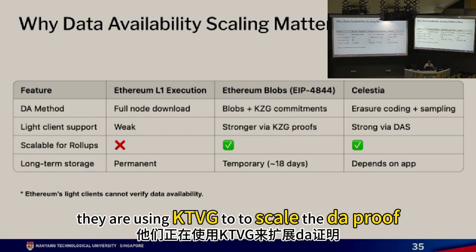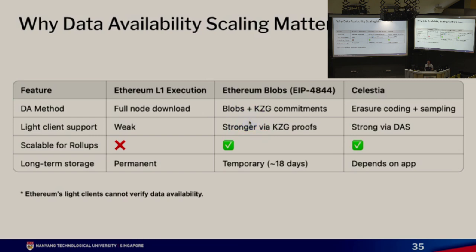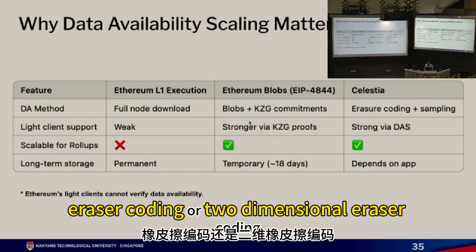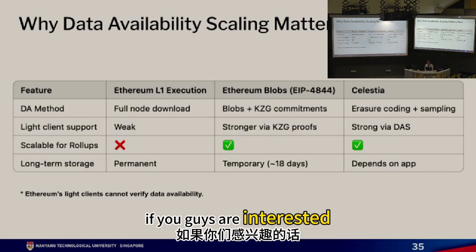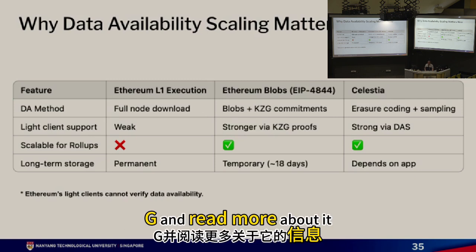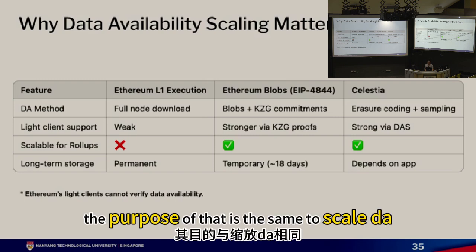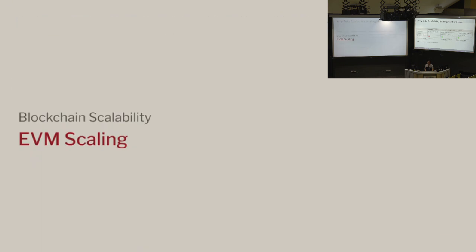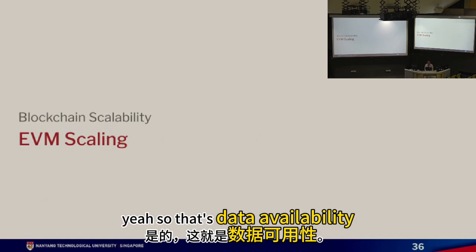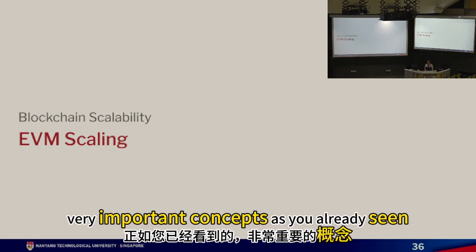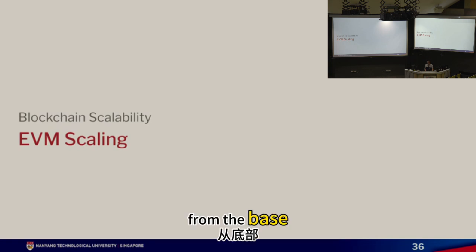They are using KZG to scale the DA proof, different from erasure coding or two-dimensional erasure coding. If you are interested, you can always search about KZG and read more about it. But essentially, the purpose is the same, to scale DA. So that's data availability, a very important concept, as you have already seen from the base.